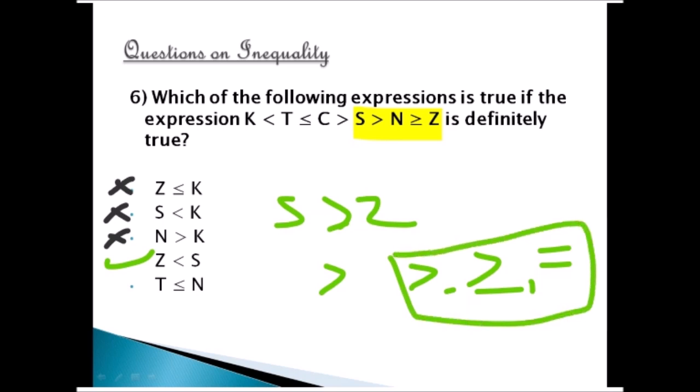The only important thing is this symbol should be there in my path. That means a minimum of one this kind of symbol should be there, else this will not be true.